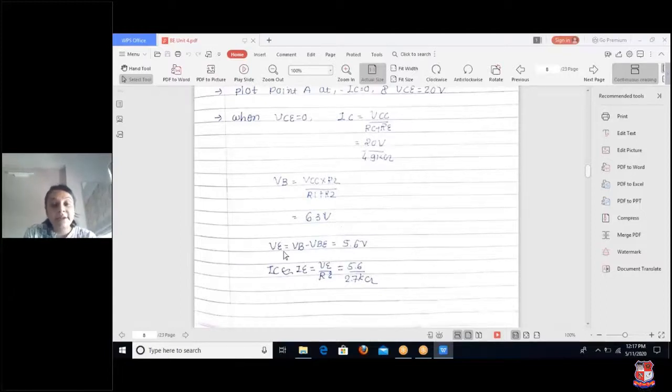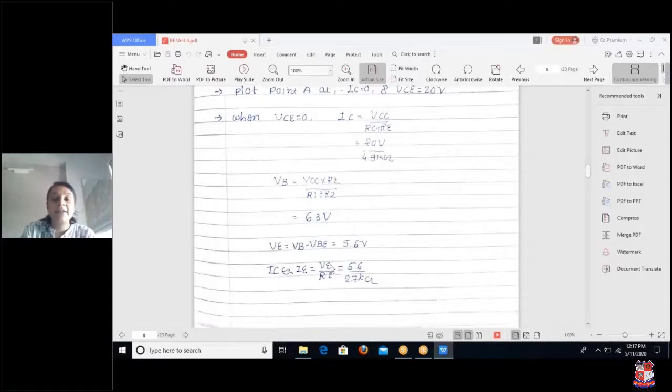From VB, now find the value of VE. So VE equals VB minus VBE. Here we consider the value of VBE, which is the cutoff voltage. You can take the cutoff voltage as 0.7 volt for silicon and 0.3 volt for germanium. Next, we find the value of IE, because IC equals IE, the collector current equals IE in a CE configuration.